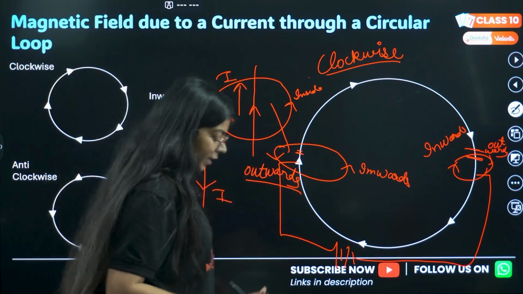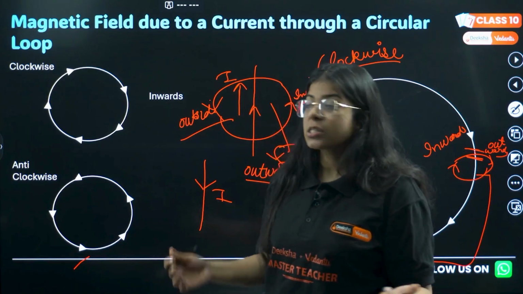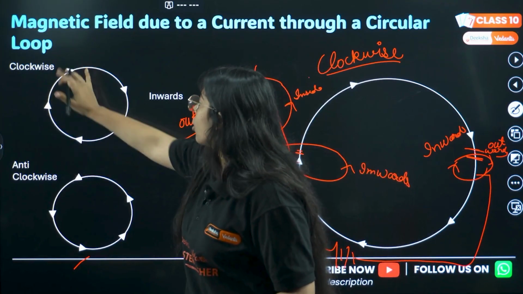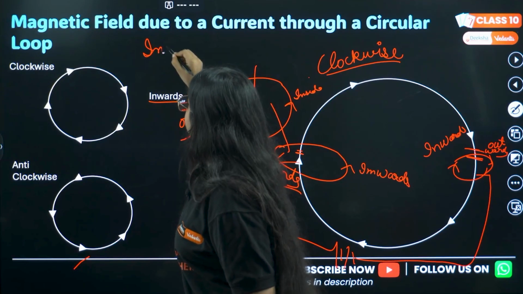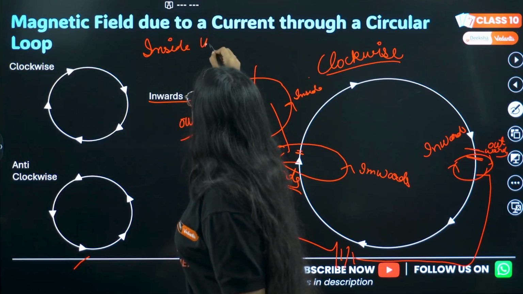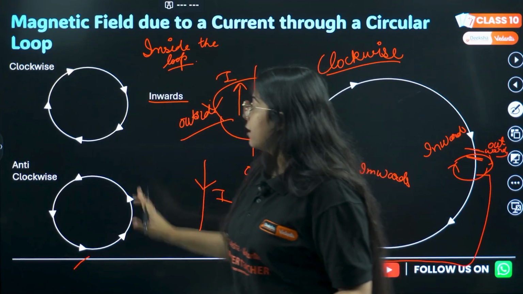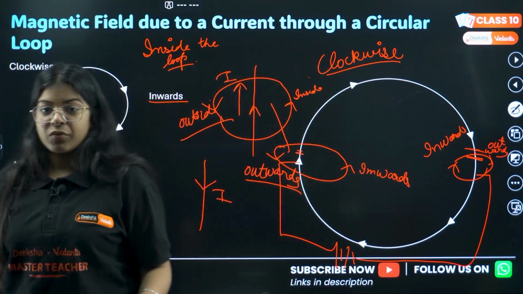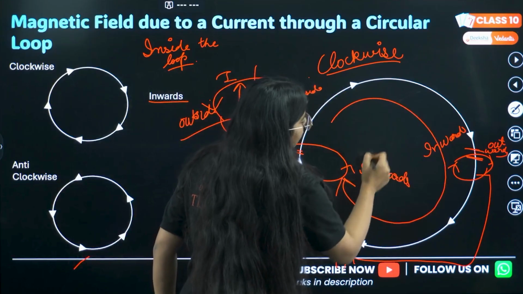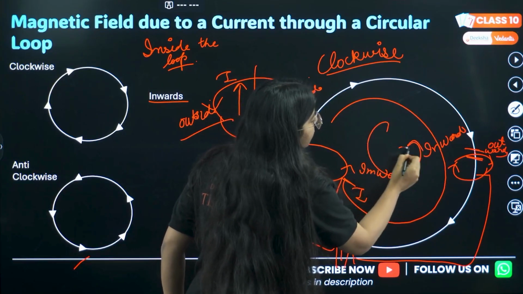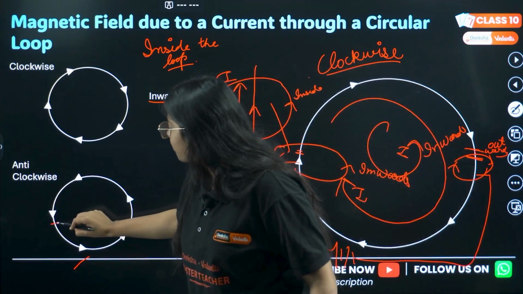So we can just remember this for easy numericals or easy solutions in our paper: when the current is clockwise, our magnetic field lines will be inwards inside the loop. And if my current is anti-clockwise, flowing in the opposite direction, let's take this part of the wire.